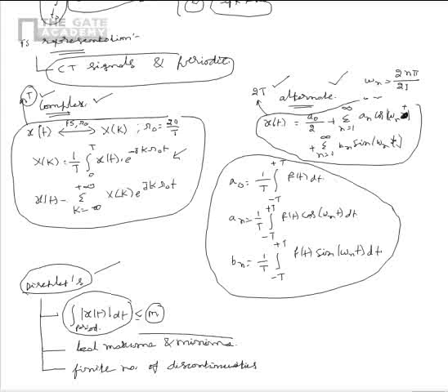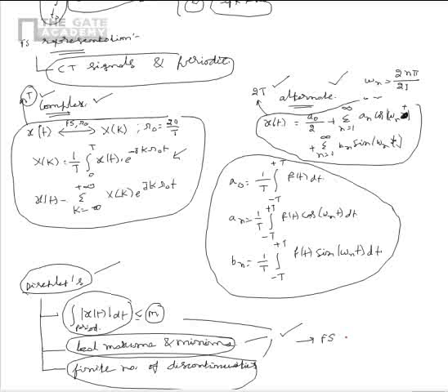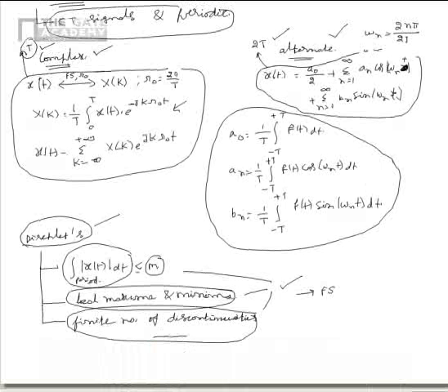There should be finite number of local maxima and minima in one period. Also, there should be finite number of discontinuities in one period. If these three conditions are satisfied, we can say that Dirichlet conditions are satisfied. Hence, the Fourier series representation of the given periodic signal exists.